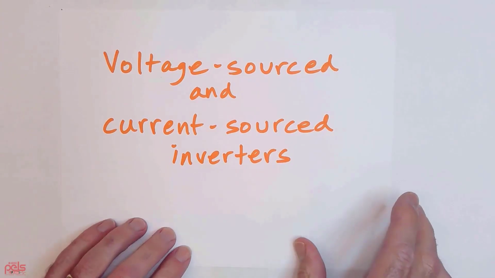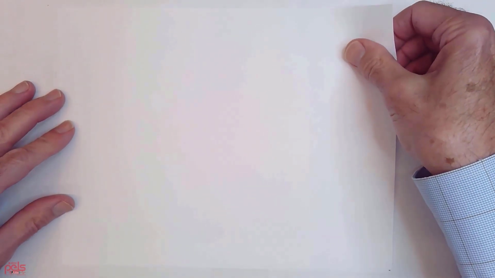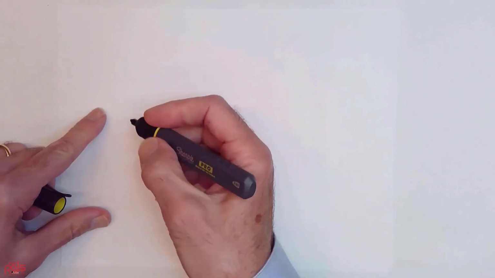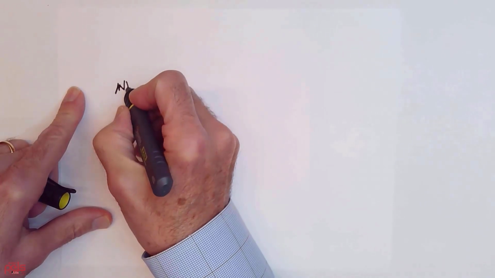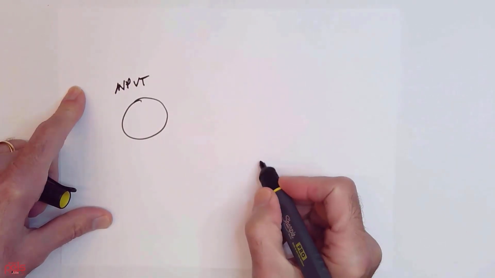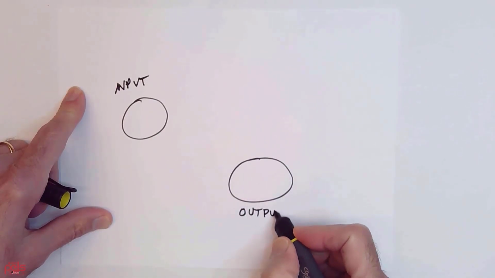So let's start with just the very most basic format for an inverter, where basically we just start by saying that there are two sources, an input source and an output source, and I would like to transfer energy between them.